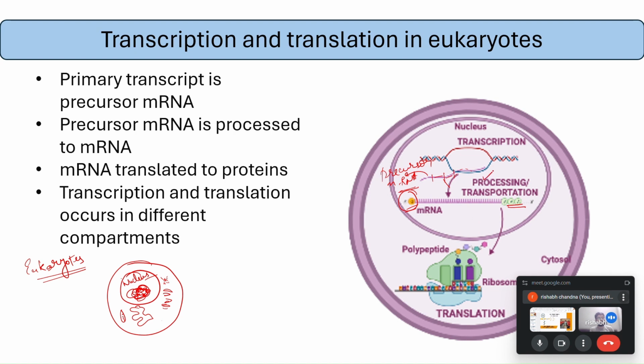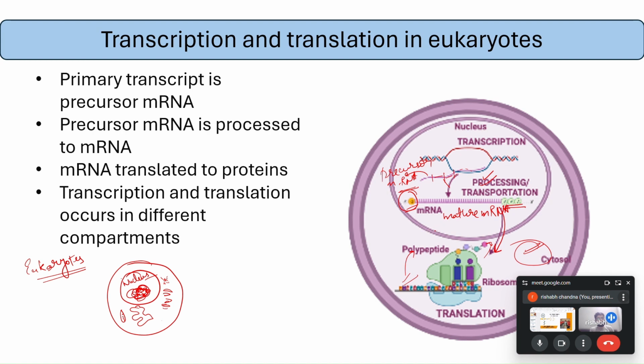This is called processing. Then this is called mature mRNA. It flows through the cytosol outside the nucleus, and here the ribosome attaches to this mature mRNA and forms the protein chain, the polypeptide, in the cytoplasm.